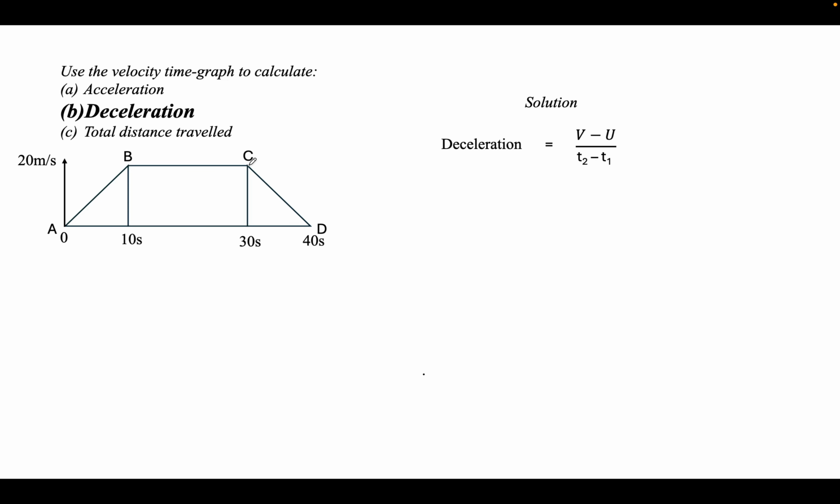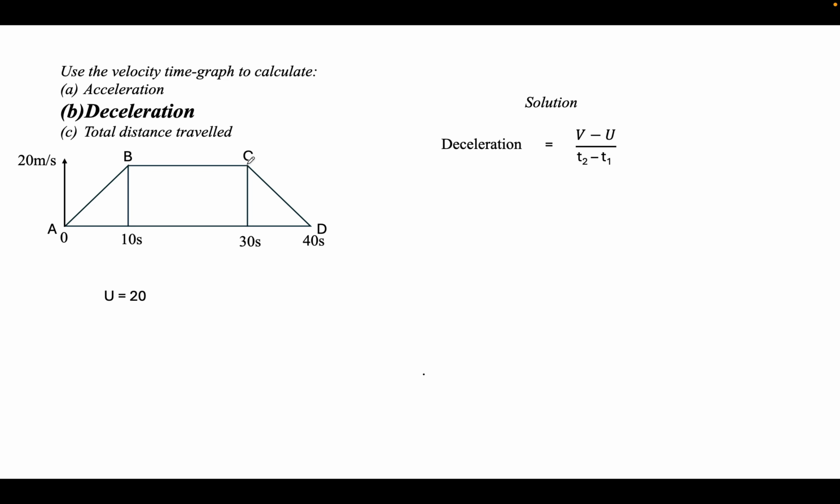So we are calculating the deceleration. So the deceleration starts taking place from this point. So from this point, the object decelerates to this point. So our speed at this point is going to be our initial velocity. So our initial velocity here is 20, because from this point to this point, the speed or the velocity didn't change.